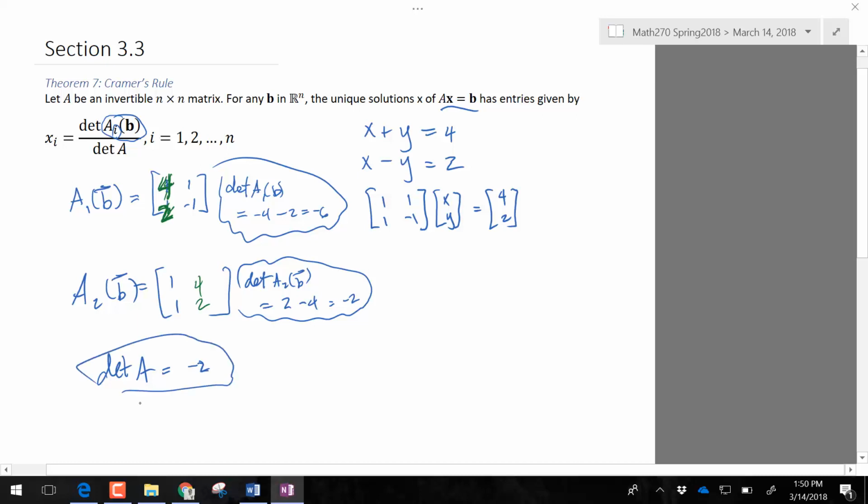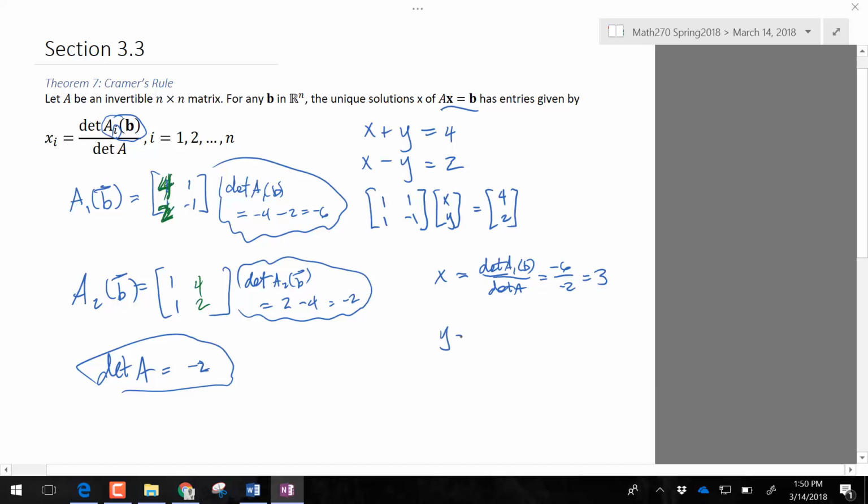Okay. So your solutions, your x1, in this case your x, is equal to the quotient of the determinant of A1(b) divided by the determinant of A. So that's -6 divided by -2. That's +3.